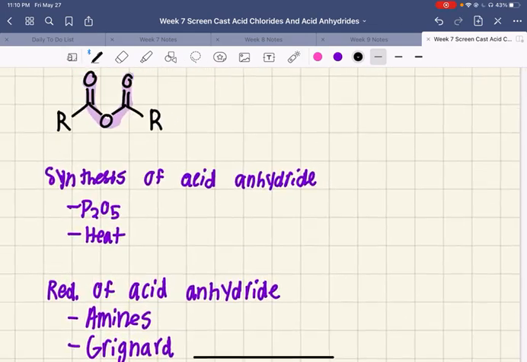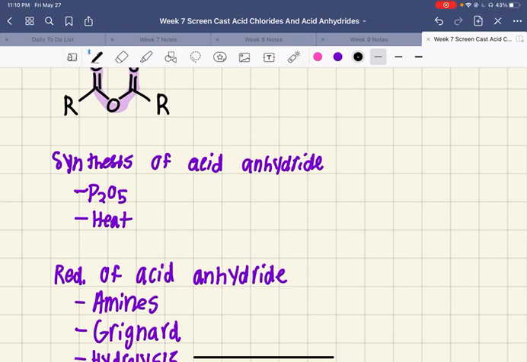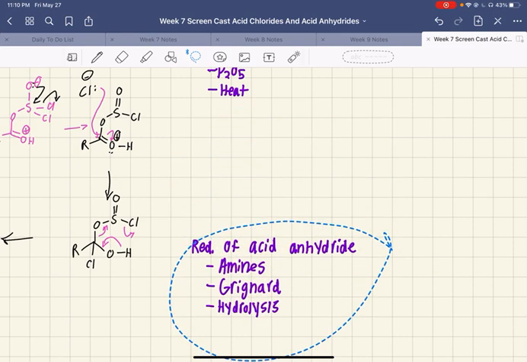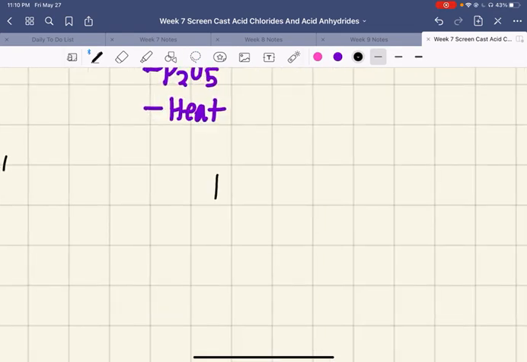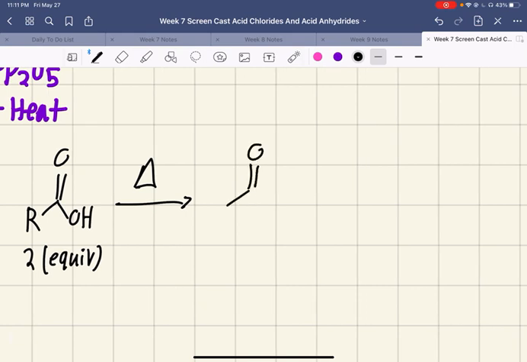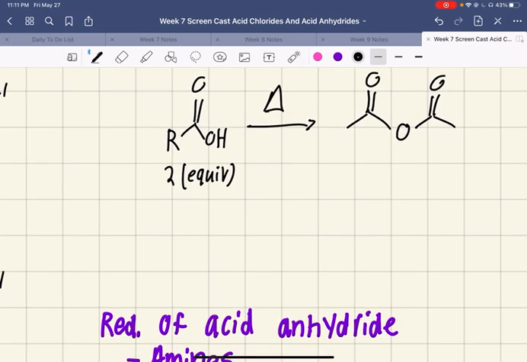Now for synthesis of acid anhydrides, there's two common ways to synthesize it. The first is two equivalents of any carboxylic acid, in the presence of heat, because if not, this will not occur, and an acid anhydride will be formed.